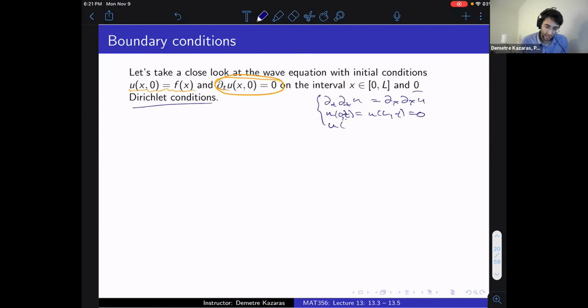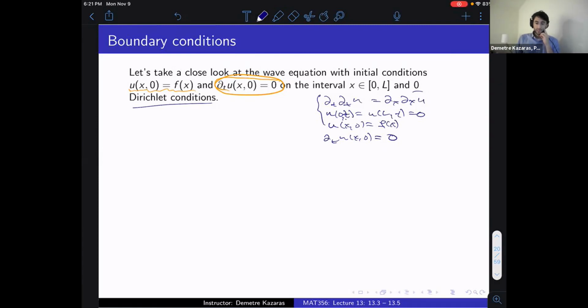And u at x, 0 is some given function of x representing initial displacement. And then partial t u at x, 0 is 0. Additional assumption just to make what I'm about to say less confusing, and the calculation is more simple.